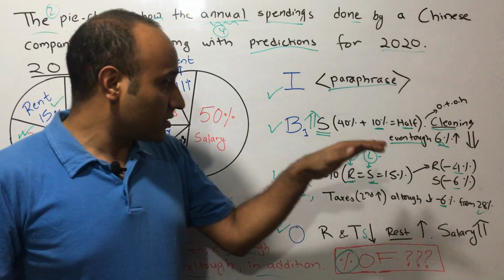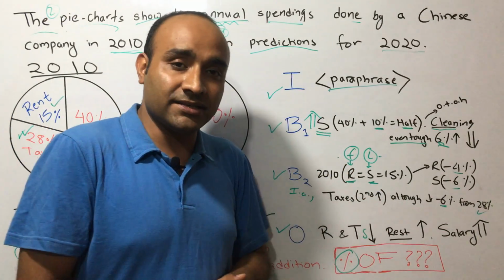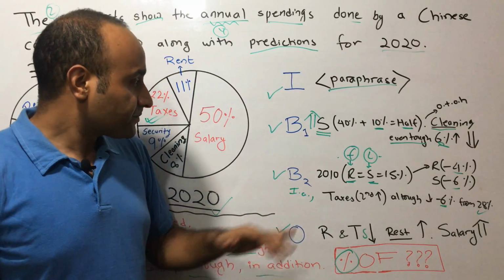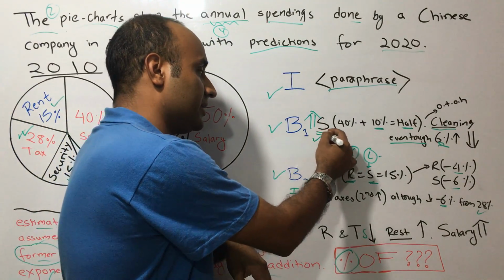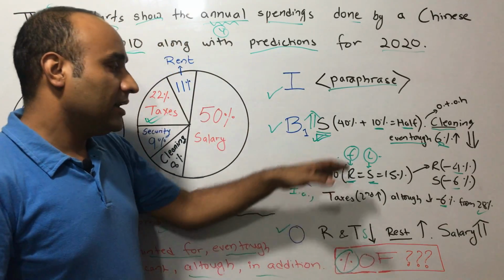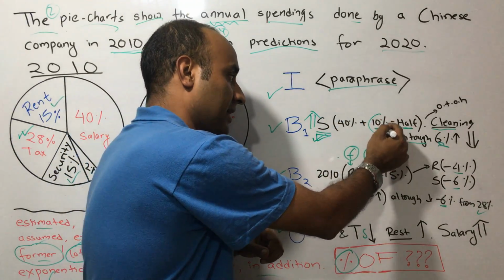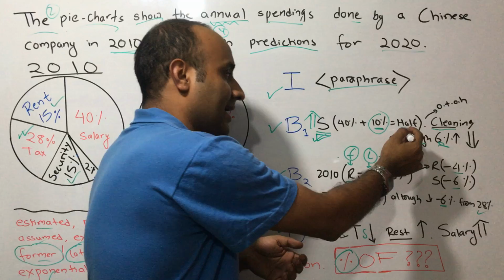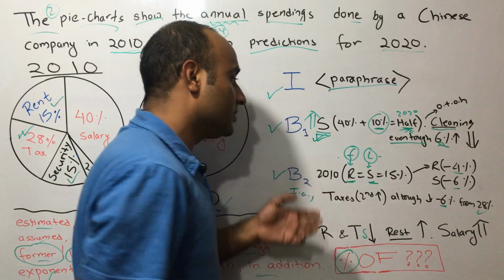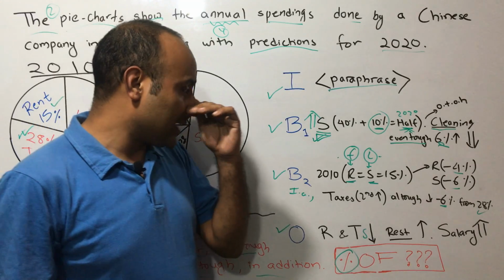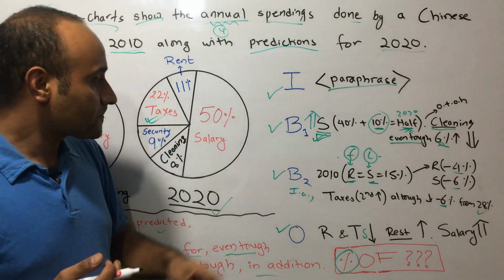So let's construct a few paragraphs, a few sentences and see how it goes. So we said we were going to claim that salary is the highest. It has seen an increment of 10%, and then it has covered half of the expenditure in 2020. So to do that in a sentence, we could say something like this.